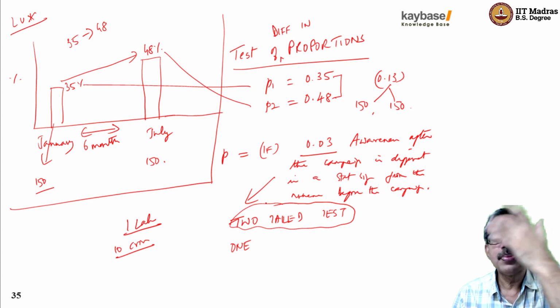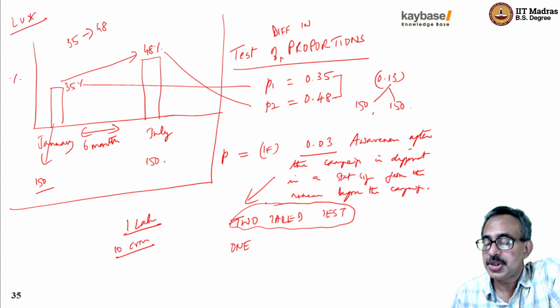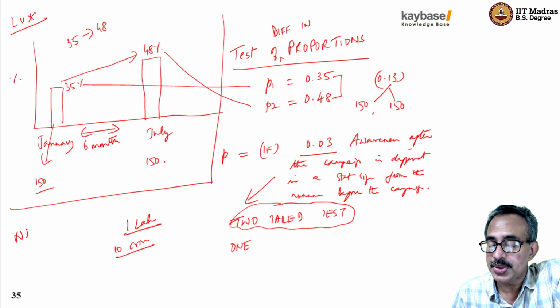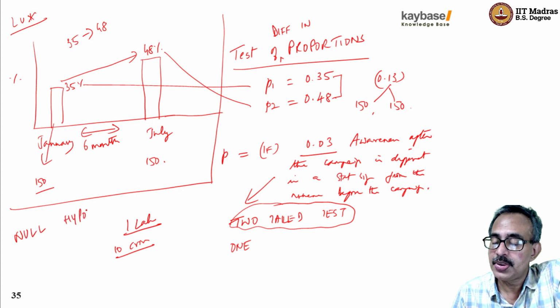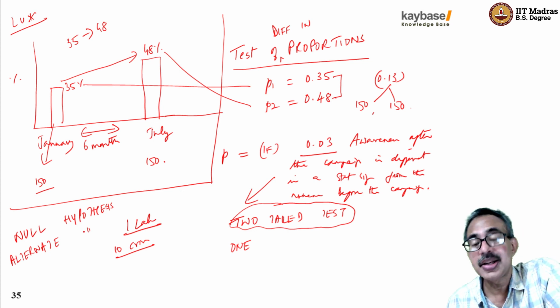Right? Now, there are two terms that you should understand here. There's something called null hypothesis. In fact, hardcore statistics professors would have asked me to explain that first, but I believe it's easier to understand this concept first. Null hypothesis and alternate hypothesis.